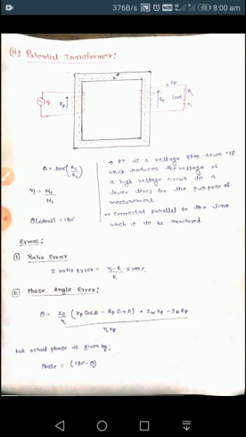Hence phase angle error can be given by Is upon N1 into xp cos delta minus rp sin delta plus Iw xp minus I mu rp upon nVs. But actual phase is given by phase is equal to 180 degree minus theta.